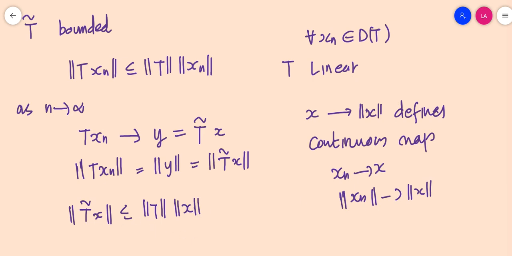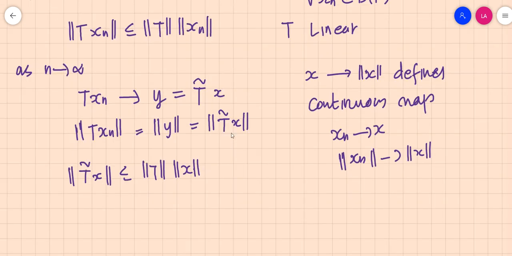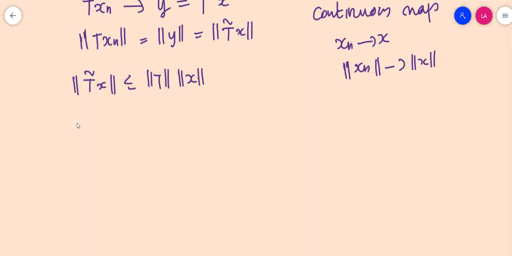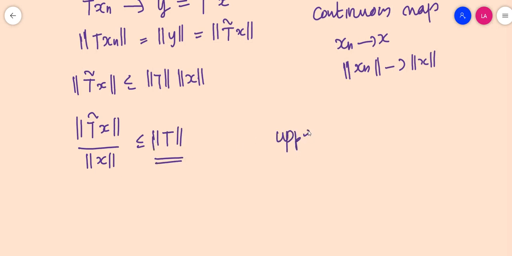So from this we can understand that norm of T tilde of x by norm x is actually less than or equal to norm T, or norm T is actually an upper bound of this quantity, norm of T tilde of x by norm x.